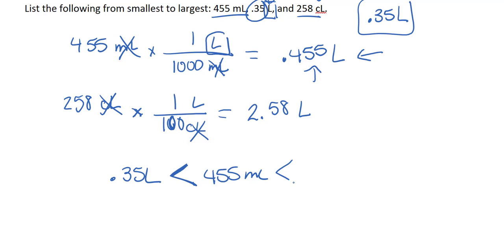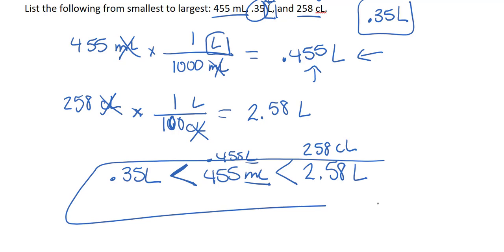Lastly, we would have the 258 centiliters, or 2.58 liters. You can either keep it how it was presented in the problem, or you can change it to the base unit. So this would be our solution.